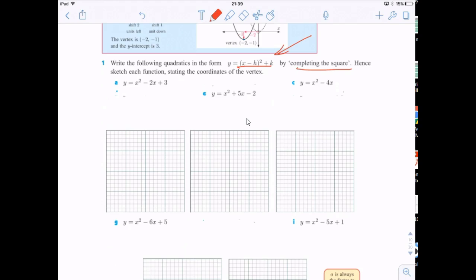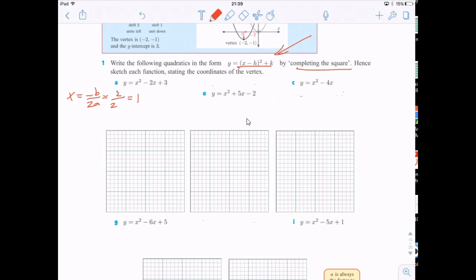Okay, so the first equation we have here is x squared minus 2x plus 3. The x-coordinate of the vertex is going to be negative b over 2a, because that's the axis of symmetry equation, but it's also the x-coordinate of the vertex, right? So it's minus negative 2, so it's 2, over 2 times 1, which is a. So 2 over 2 is equal to 1.